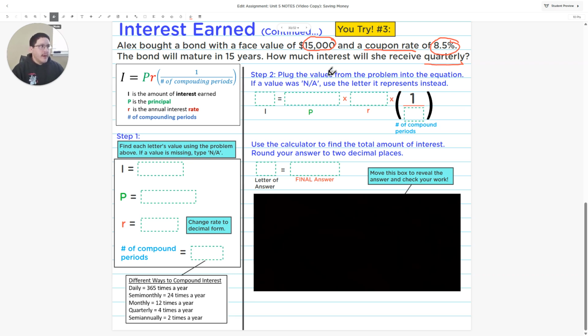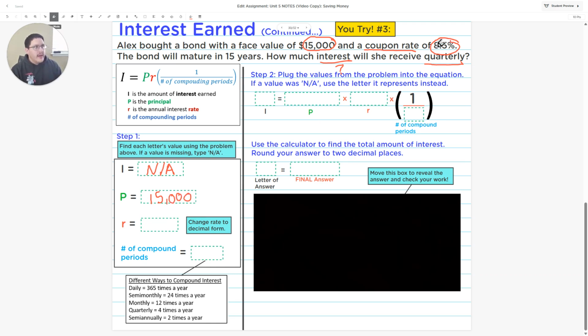But to figure out how much she will receive, we need to figure out what information we have. So we know we don't know I. That's the amount of interest we're trying to figure out here. Okay, so I is not available. For the principal amount, how much she's investing, that's $15,000.